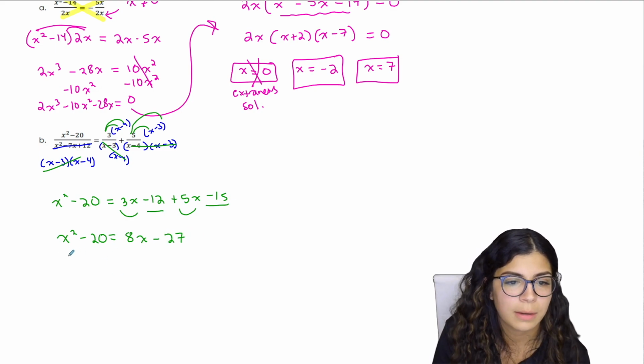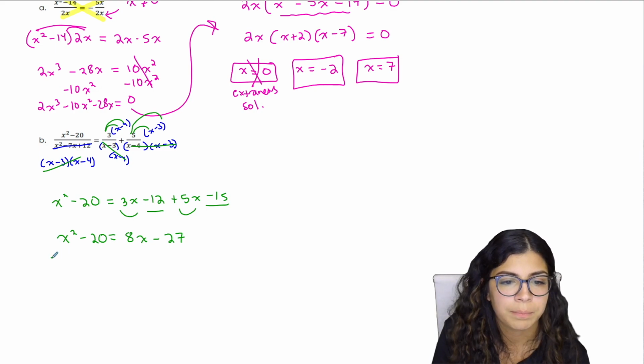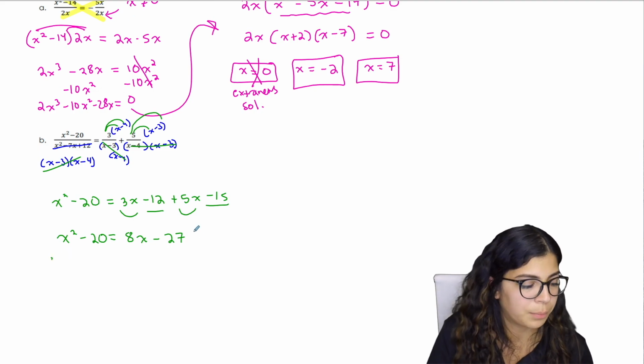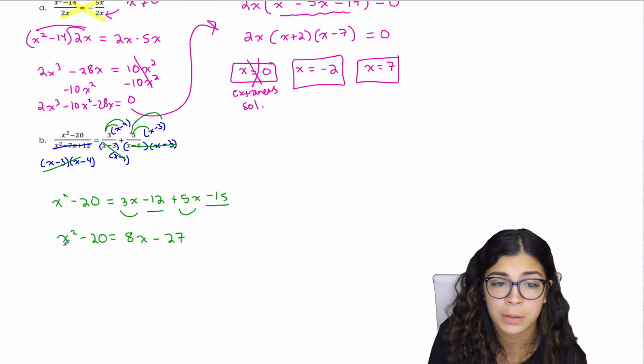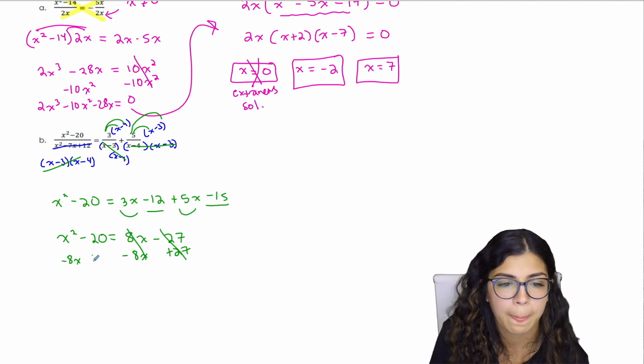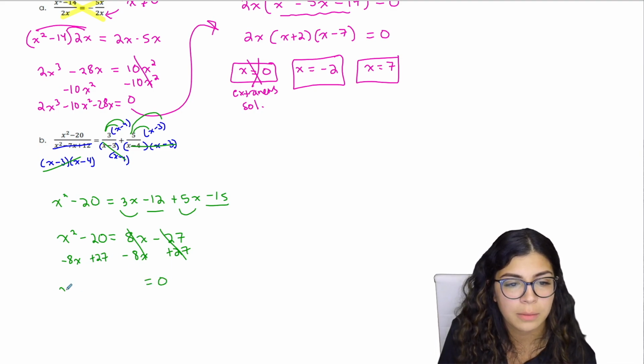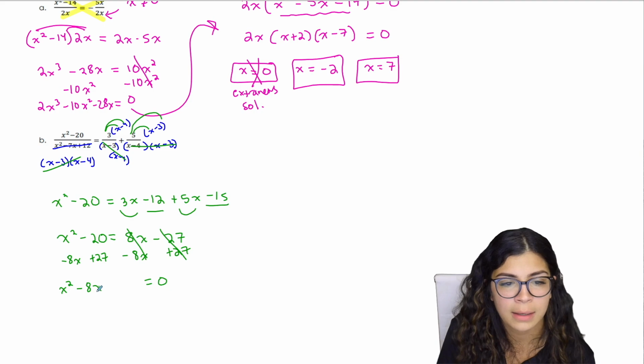Then let's bring this stuff over. Actually, I'm going to bring the stuff that's on the right to the left. That way I don't have a negative for my front term, my leading term. So I'm going to subtract 8x and add 27. Okay, now I have my trinomial, x squared minus 8x, and -20 plus 27 is +7.